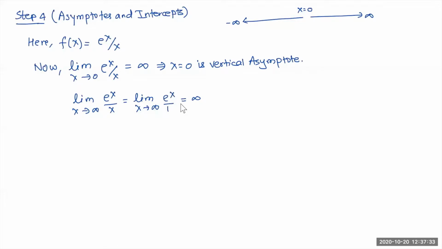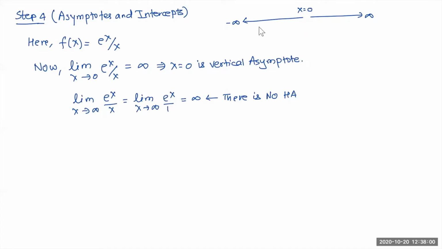So when x goes to infinity, towards the right end, the function is also going to infinity. So there is no horizontal asymptote when you go to the extreme right.